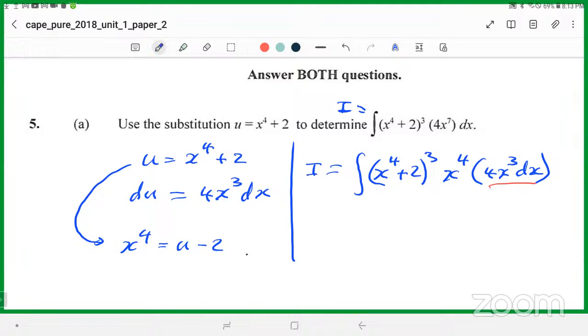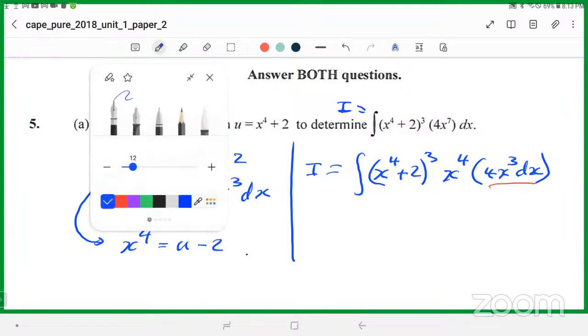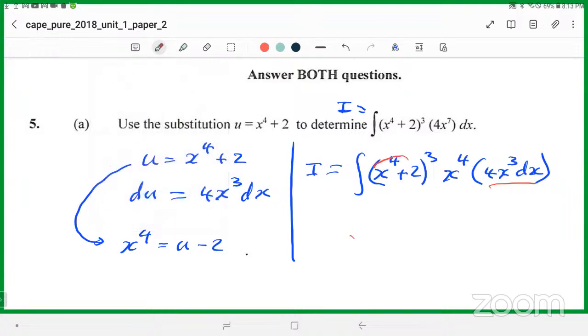So I can substitute for this with this, for this with this, and for this with this. Everything I can substitute for. So I'm ready to substitute now.